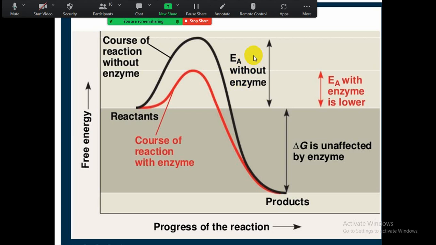The energy of activation for the non-enzyme catalyzed reaction is black, and that for the enzyme catalyzed reaction is red. Which one is bigger than the other? The black one. The black one is bigger. Very good, Annabelle.